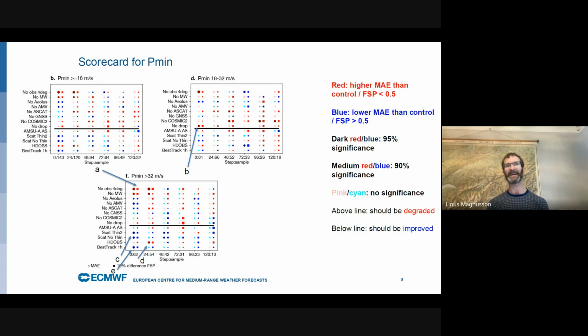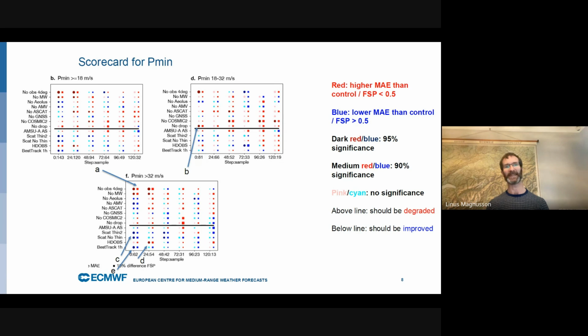If we look at arrow B, we can see, especially for the moderate systems, that removing the drop zones increases the error. So on average, the drop zones are doing a good job. But it's not so clear in the strongest system, which we will come back to.